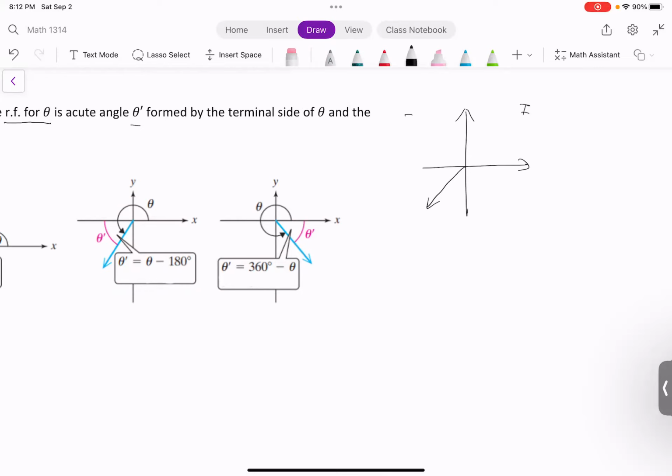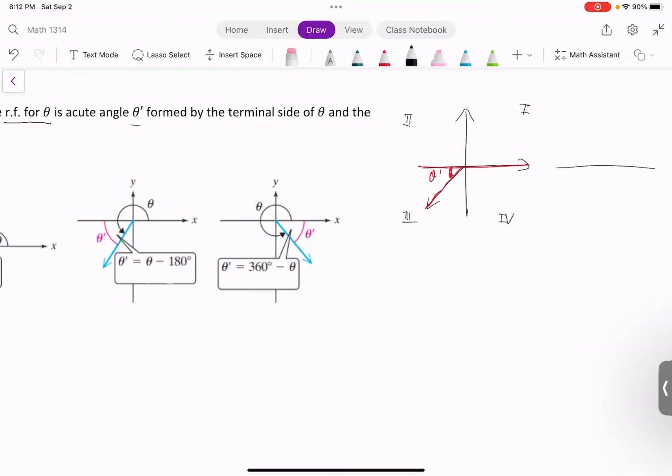This is quadrant 1, 2, 3, and 4. So here, the reference angle theta prime is formed by the terminal side and the x-axis. And also theta prime must be an acute angle between 0 and 90 degrees.